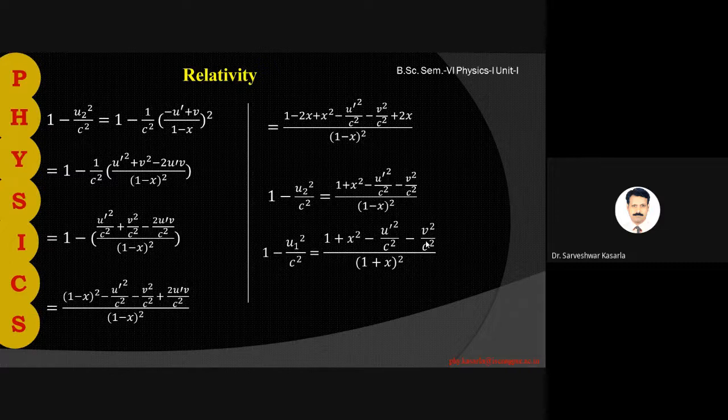So we can write: (1 minus u1 square upon c square) upon (1 minus u2 square upon c square) is equal to (1 minus x) whole square upon (1 plus x) whole square.